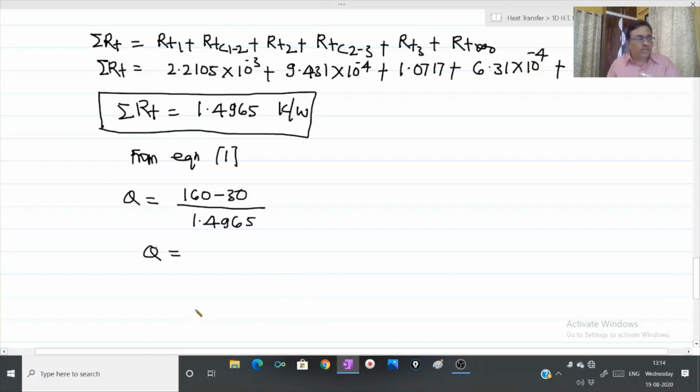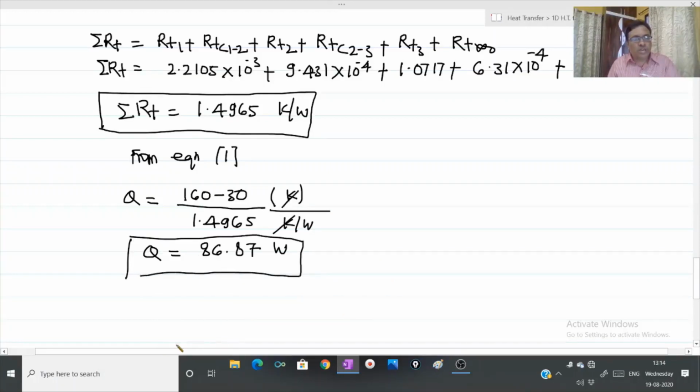From here the rate of heat transfer will be coming as 86.87 watt. See, we can do the unit calculations as well. This will be Kelvin and this will be Kelvin per watt. Kelvin will get cancelled. So the unit of heat loss will be watt, 86.87 watt. This is answer number 1.